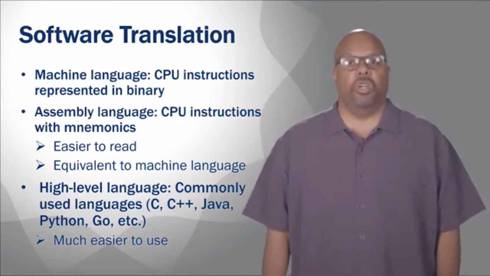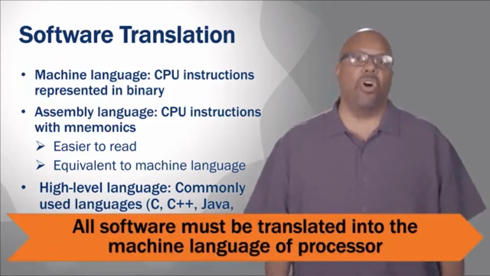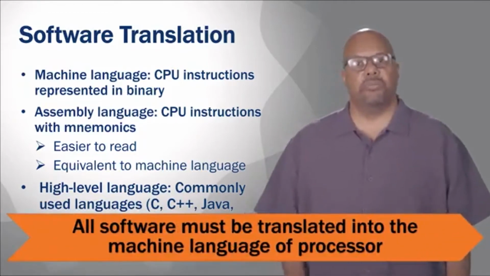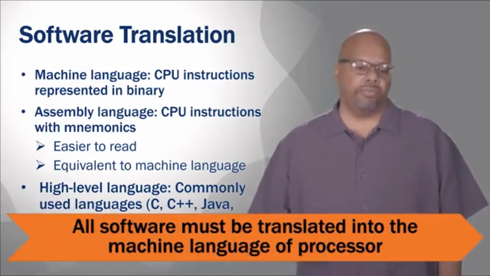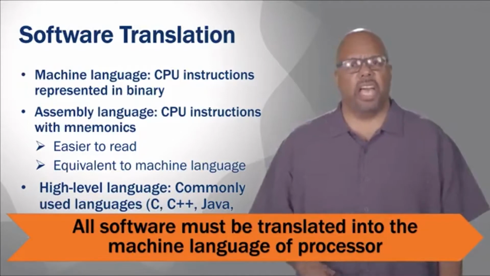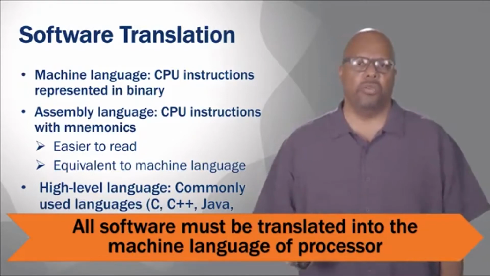So all software, what I have highlighted in the slide, all software needs to be translated into the machine language of the processor to be executed. What that means is that if you've got a processor of some kind, some i7 or whatever processor you're working with, that processor does not know C or Java or Python or Go or C++ or any of those, right?